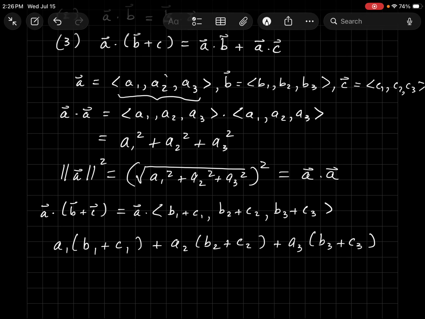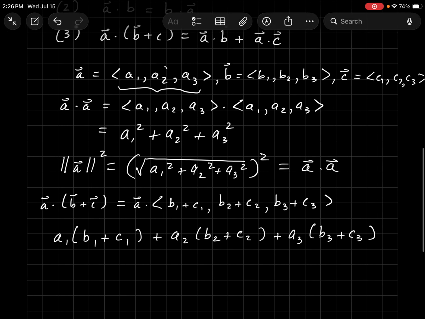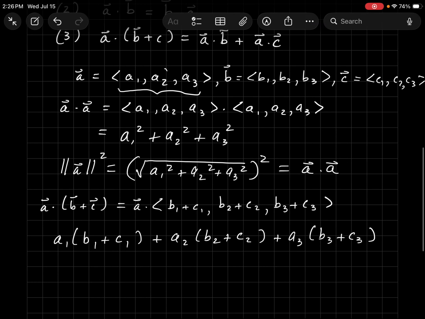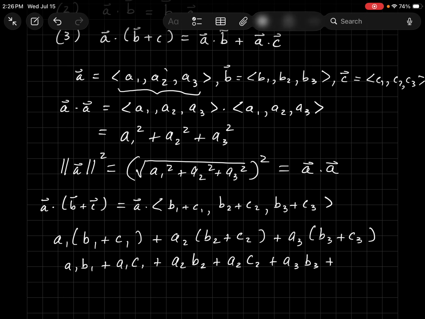And add each of these products together. And we'll do just a little bit more algebra. Now we can distribute, because now A1, B1, C1, etc., these are all just real numbers. So we can use real number algebra, giving us A1 B1 plus A1 C1, and then A2 B2 plus A2 C2 plus A3 B3 plus A3 C3.